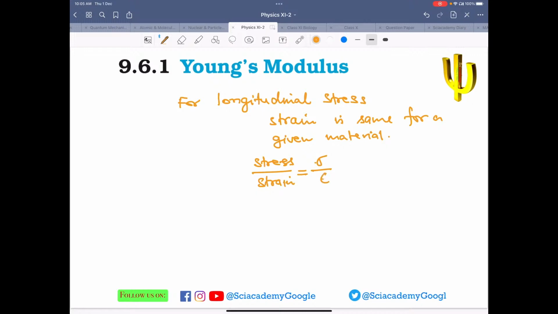We denote it as epsilon. So this ratio is known as Young's modulus, and we denote it as Y. So Young's modulus Y is equal to sigma by epsilon.